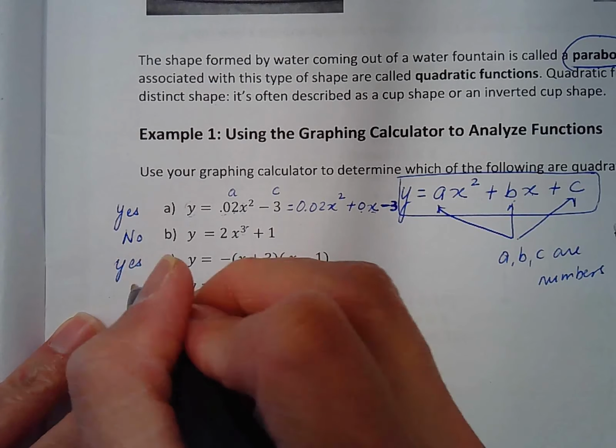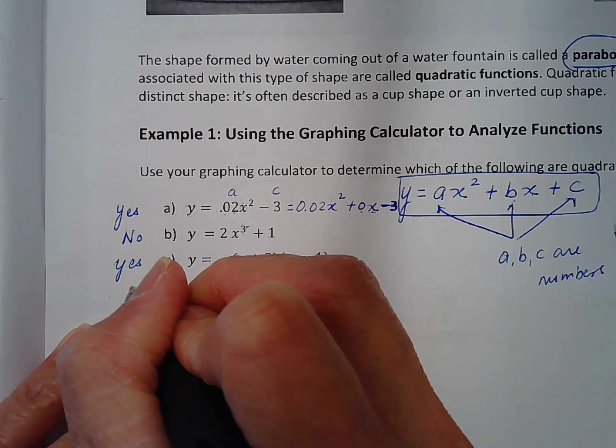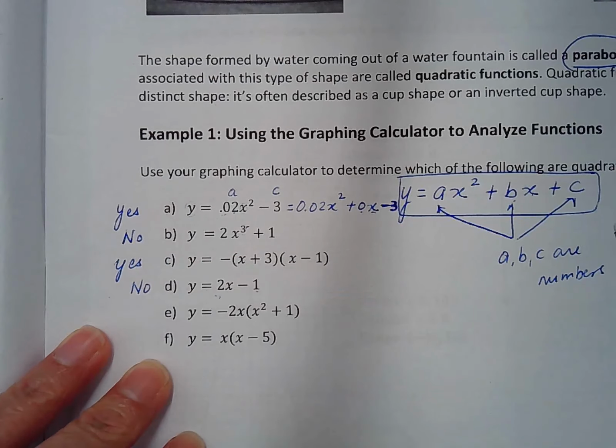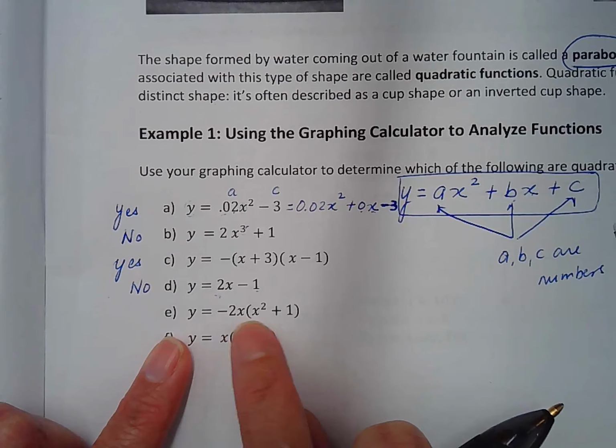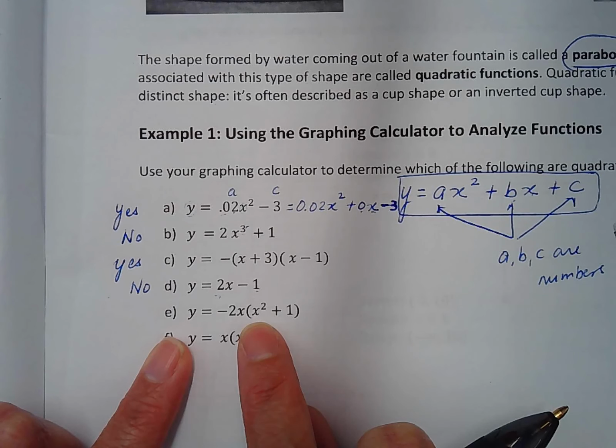So letter D is a yes or a no? No, it's a linear. What about this one? Any guesses? No. Why not? It will be cube. Oh, because you graphed it already? Okay, yeah, that's a good answer.